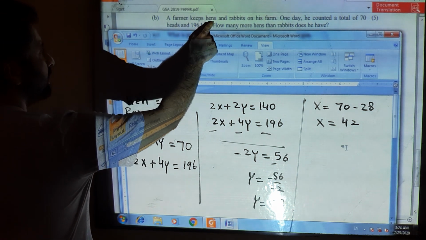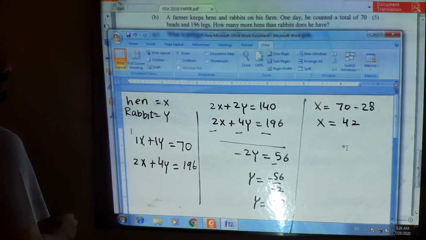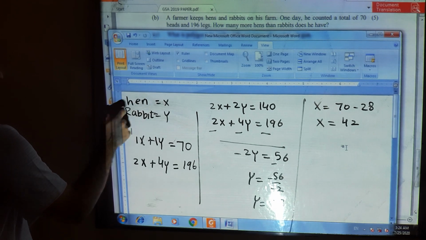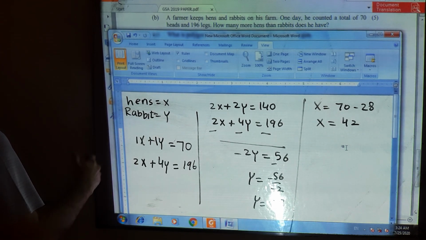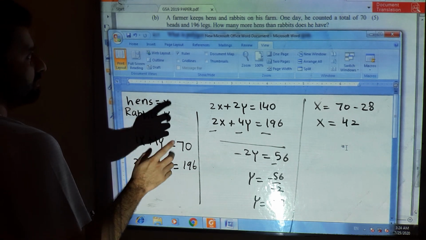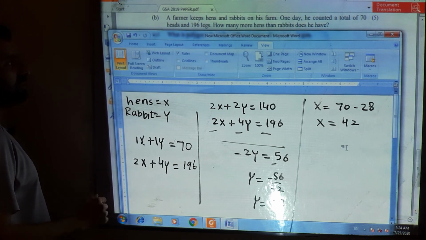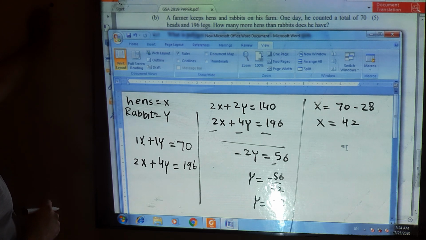Part B is a very interesting one. A farmer keeps hens and rabbits on his farm. You need to denote hens with x and rabbits with y. One day he counted a total of 70 heads and 196 legs. How many more hens than rabbits does he have?